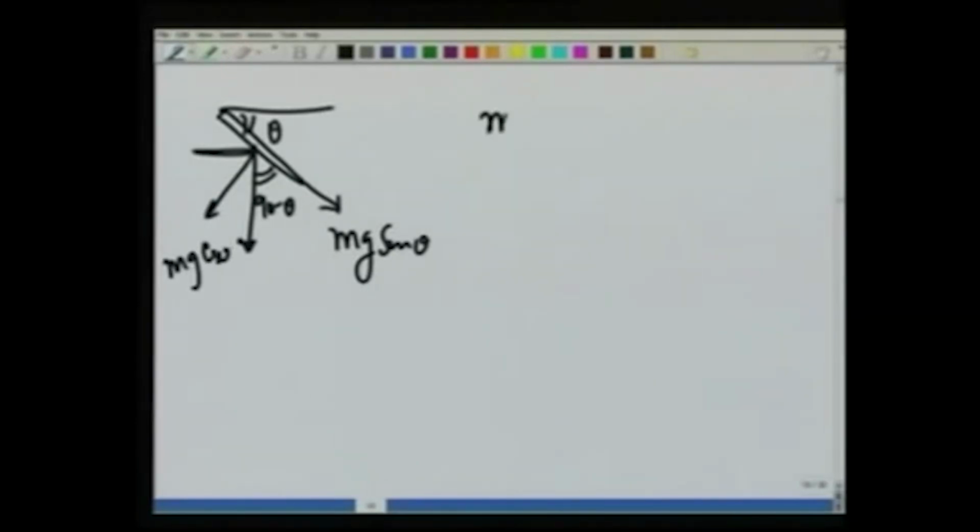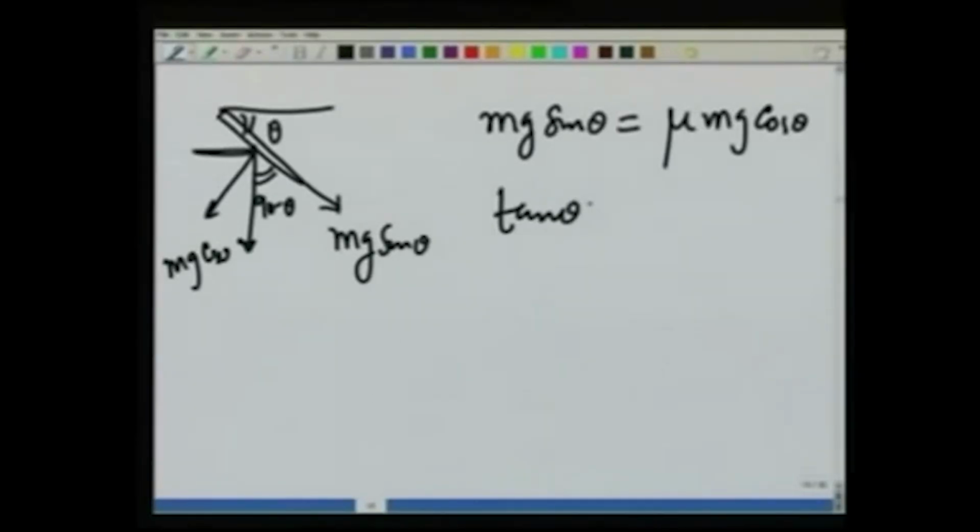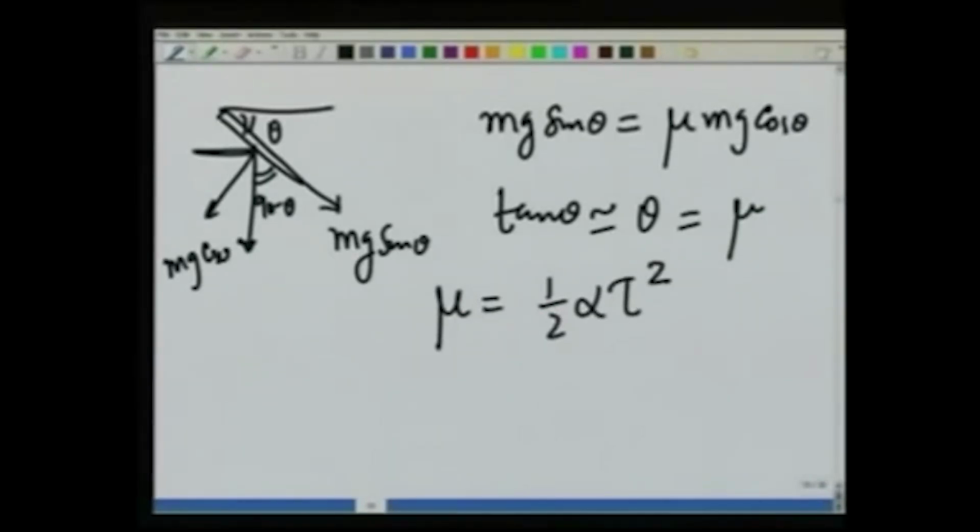So, if mg sin theta roughly becomes mu times mg cosine theta, then the body is going to slip off my hand, and therefore, I can write tangent theta roughly equal to theta for theta small equals mu. So, when mu equals 1/2 alpha tau squared, this booklet is going to slip off.